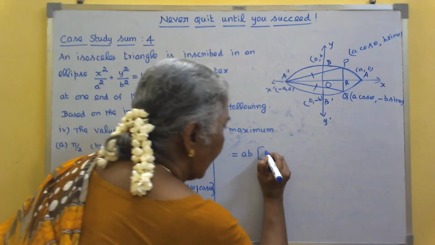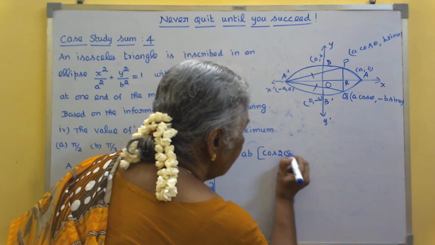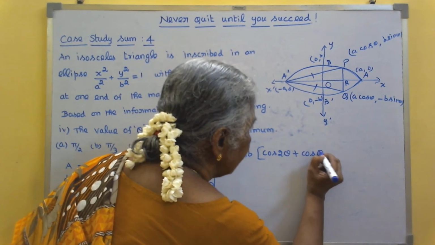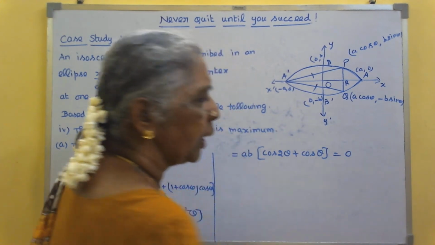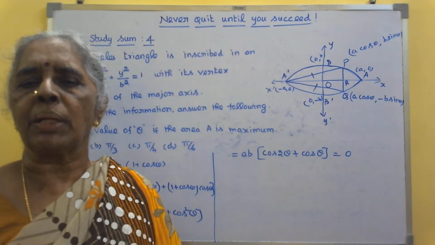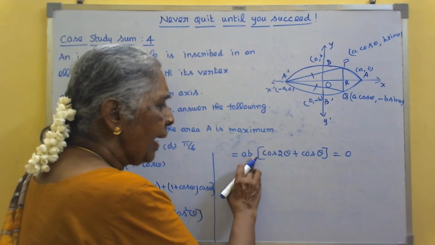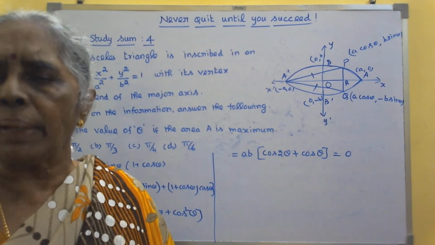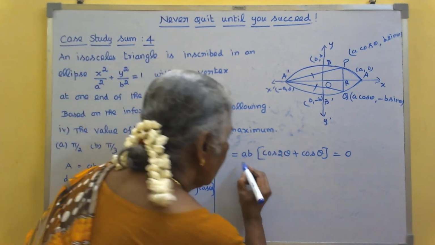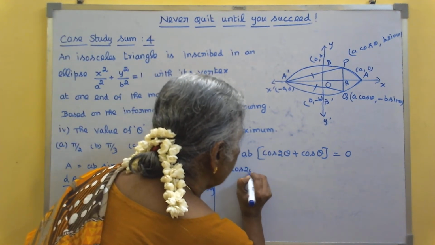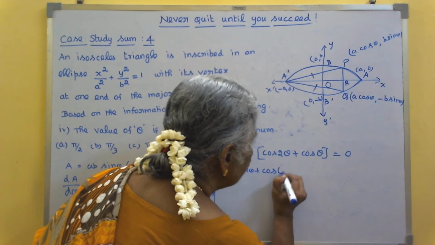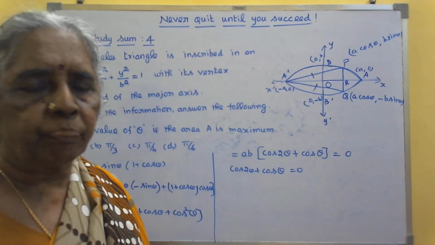So, we can write that as cos 2 theta and you have a cos theta. Now, equate this to 0 because the first derivative should be 0 for both maximum and minimum. Now, A and B are constants, so they cannot be equal to 0. That implies only this cos 2 theta plus cos theta is equal to 0.